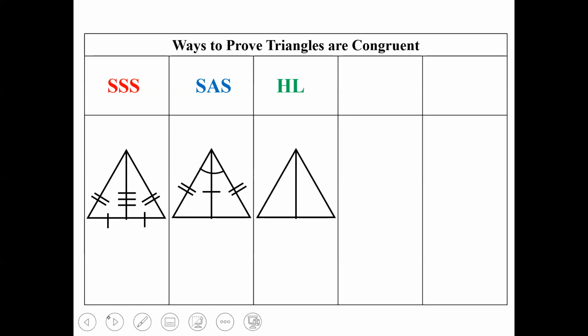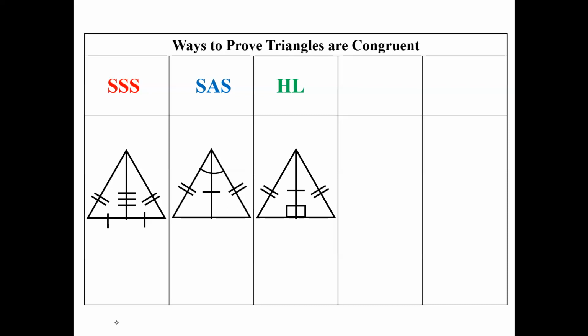We talked about hypotenuse leg, okay, which specifically deals with right triangles. And we have to have one set of legs and the hypotenuse in each triangle congruent in order for it to be HL. Okay, remember, we emphasized the fact that HL only pertains to right triangles, okay?